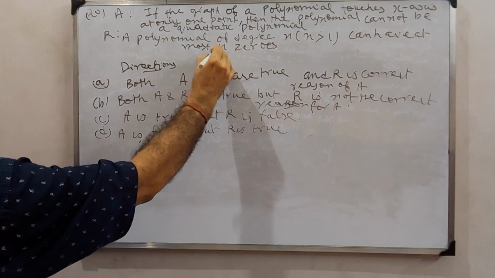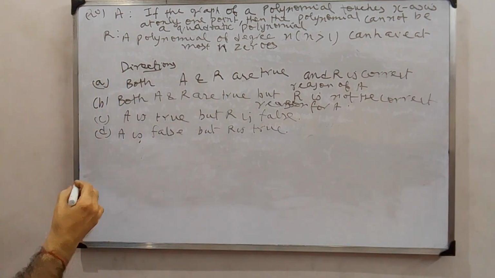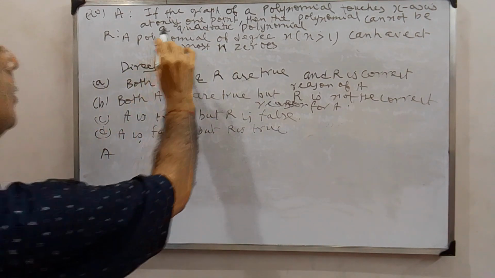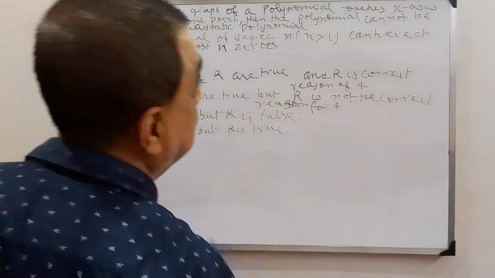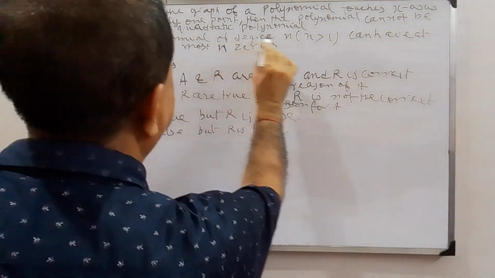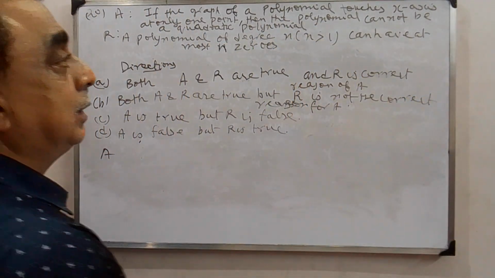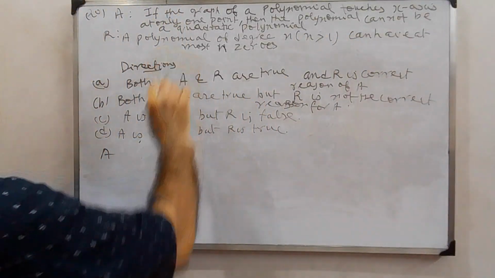Now see here, assertion A is saying that if the graph of the polynomial touches the x-axis at only a single point, then that polynomial cannot be a quadratic.